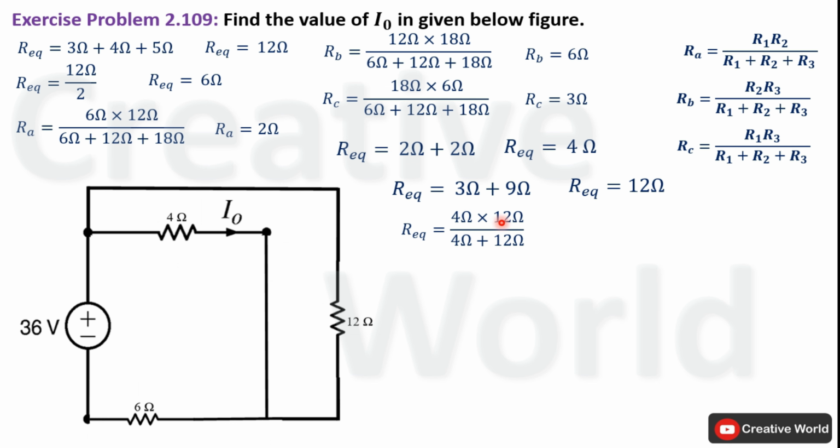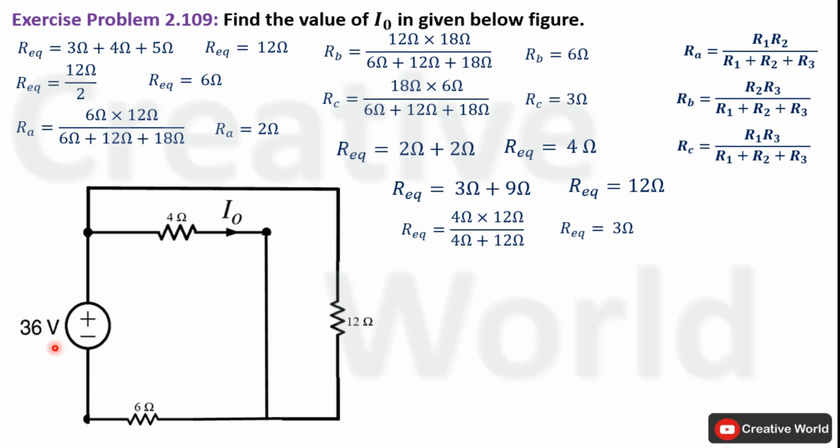Product of 4 ohm and 12 ohm will become 48 ohm divided by the sum of 4 ohm and 12 ohm will become 16 ohm. 48 ohm divided by 16 ohm will result 3 ohm, and this 3 ohm will be in series with this 6 ohm. So the total resistance of the network will be 9 ohm.